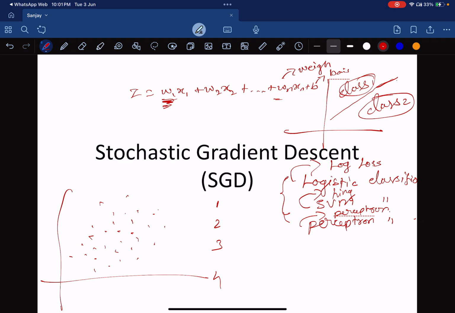Before finding the hyperplane, the entire data set will look like this, right? The weights will update on each single point. If I draw the hyperplane after the classification, it will look like this.